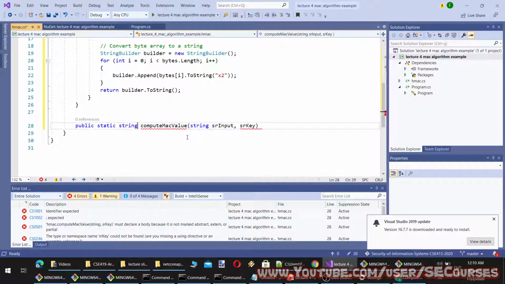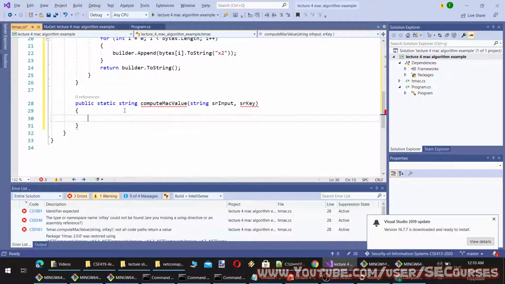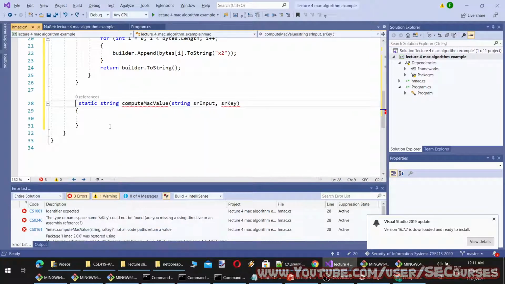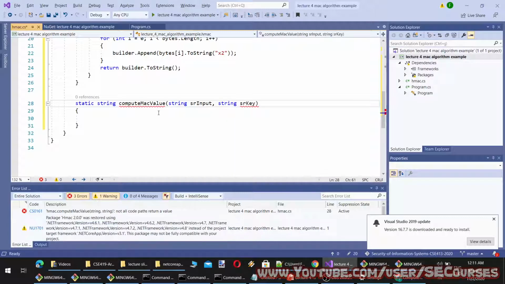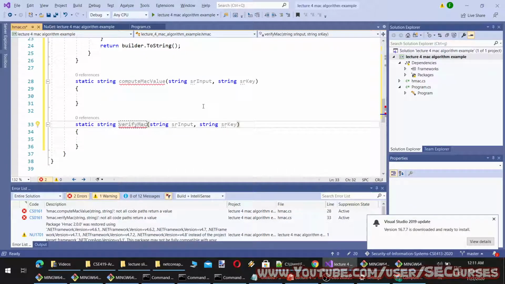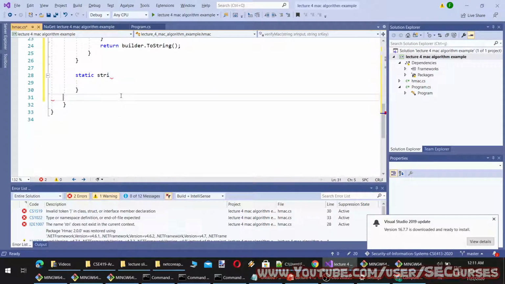So this will also return a string. Perhaps I can use this as a public static bool. Okay, I'm going to make this a static string, and then there will be a VerifyMac. I will make it like this, make it better.